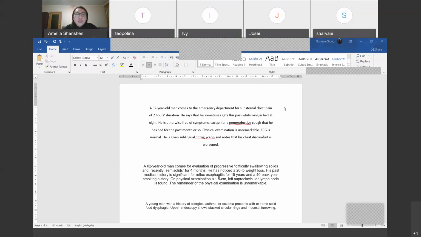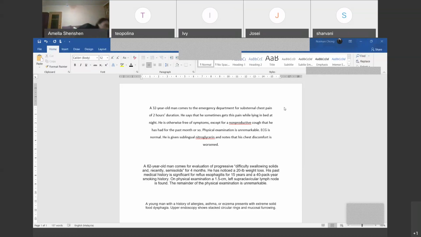Anybody would like to chip in? What is your differential diagnosis here? MI. MI, okay, good. Anybody else? Lying in bed at night.